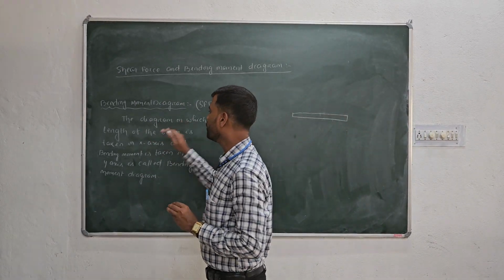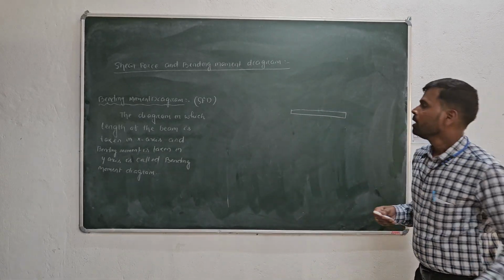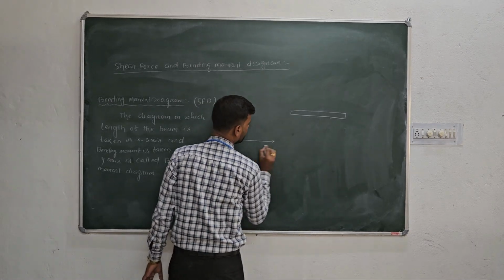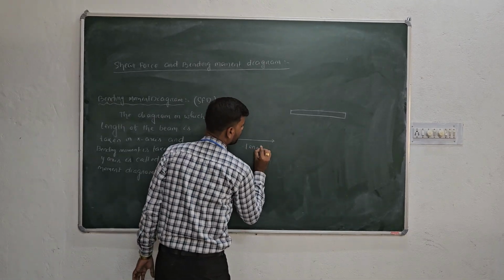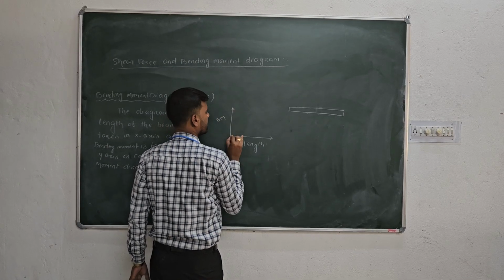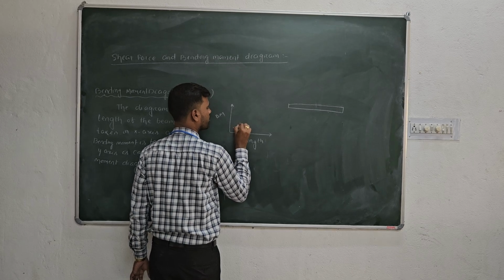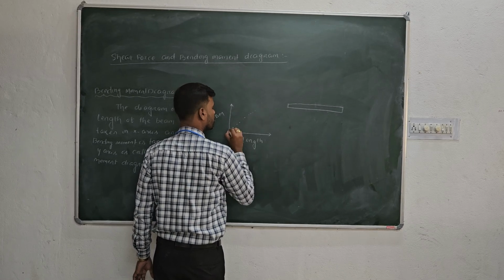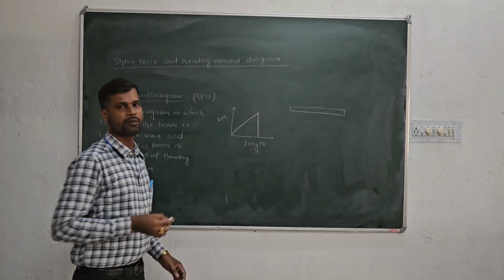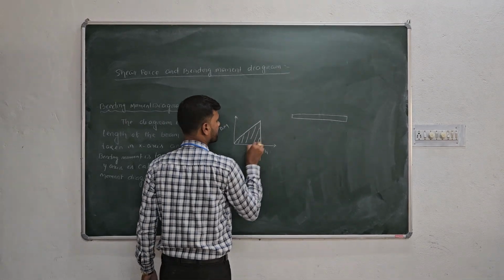In this diagram the length of the beam is taken on the x-axis and the bending moment is taken on the y-axis. That means at 0 length how much bending moment is there, at 1 length how much, at 2 length how much. Like this we take the bending moments at various points, and when we join the points, the curve we get is called the bending moment diagram.